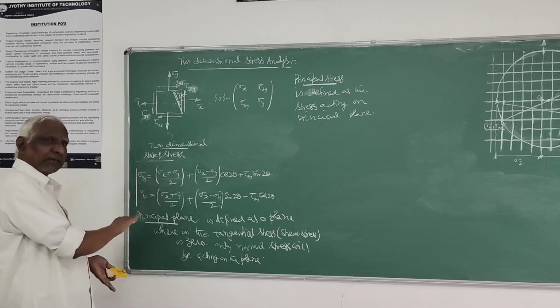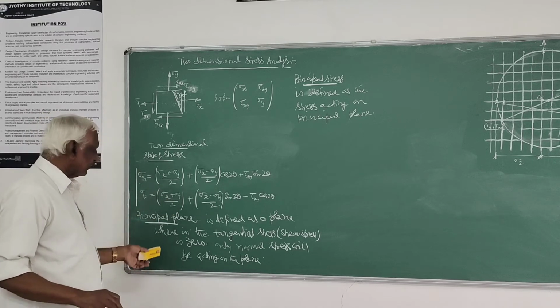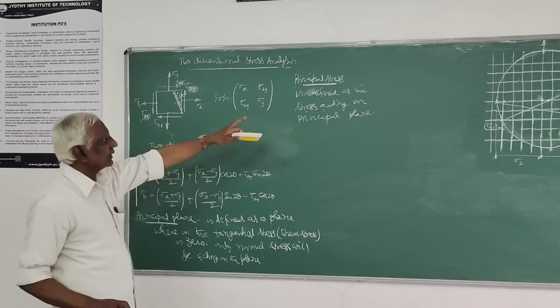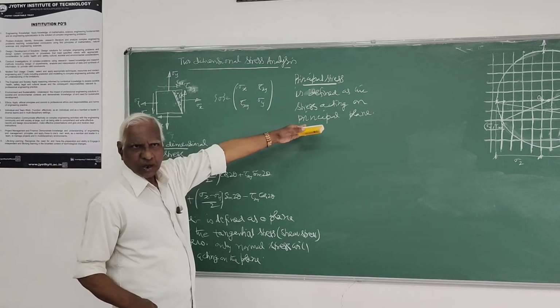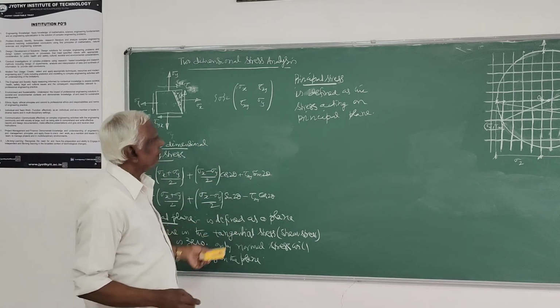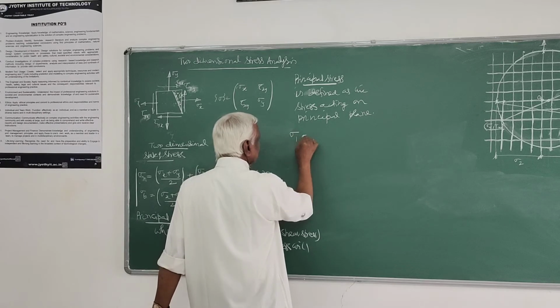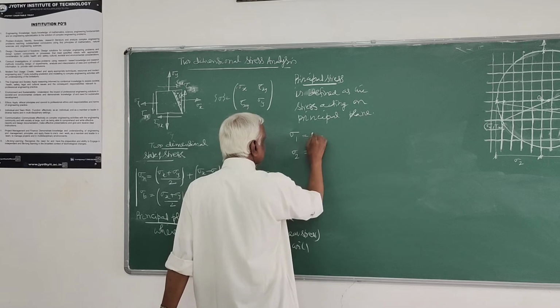There will be another plane wherein minimum shear stress will be 0, and that we call it as the minor principal plane. Similarly, there will be two normal stresses. One is major normal principal stress, another minor normal principal stress. And this principal stress is denoted by the symbol sigma 1 and sigma 2.